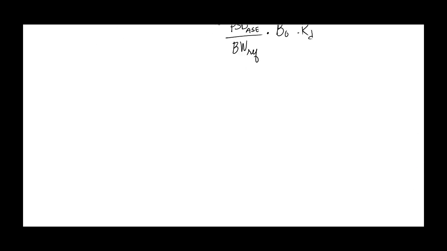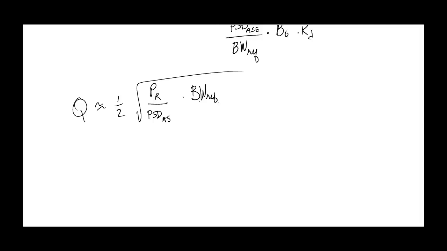So next, we can go back to our equation for Q, which is about 1/2, and now what I have is the received power due to signal divided by the PSD of the ASE, times the reference bandwidth divided by the electrical bandwidth.